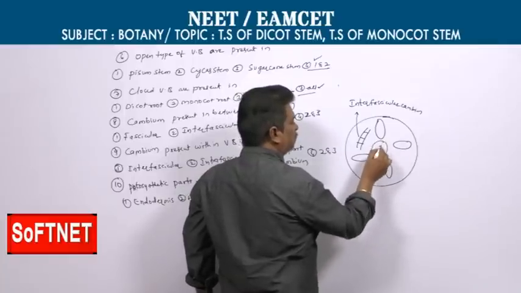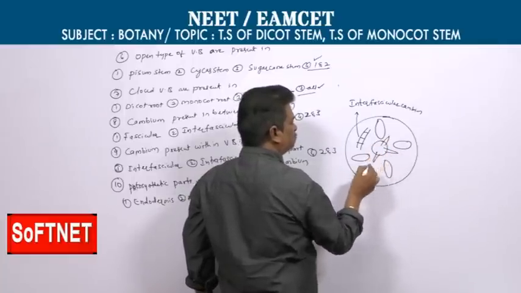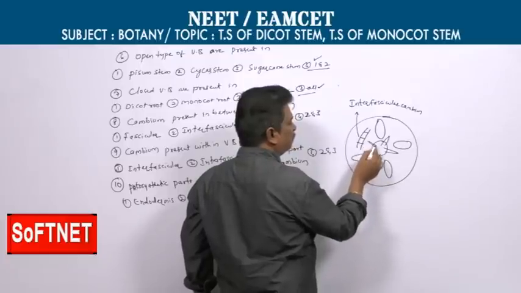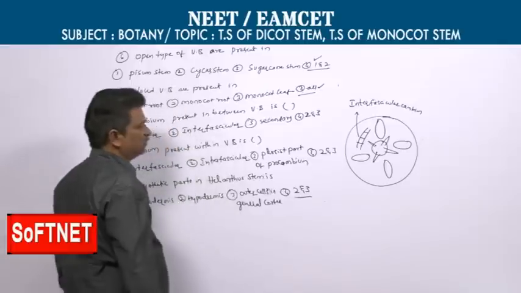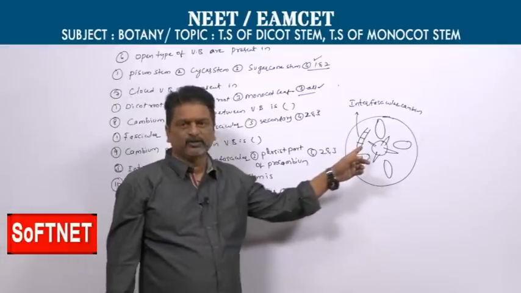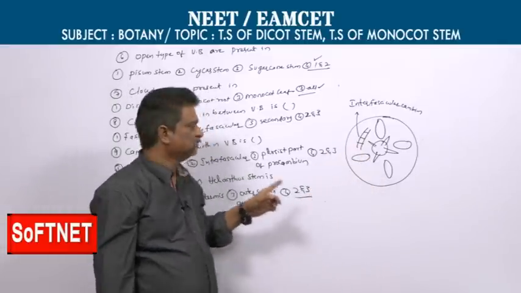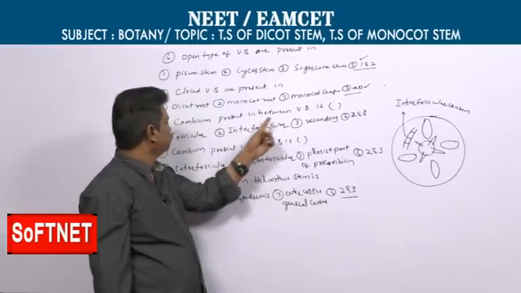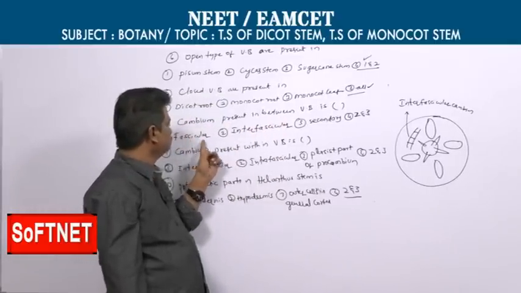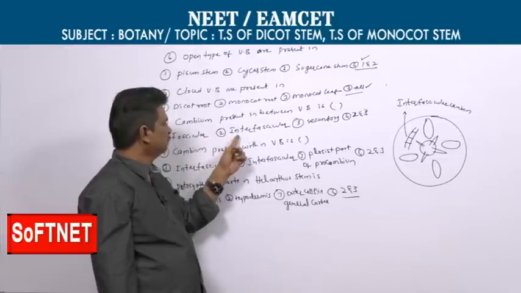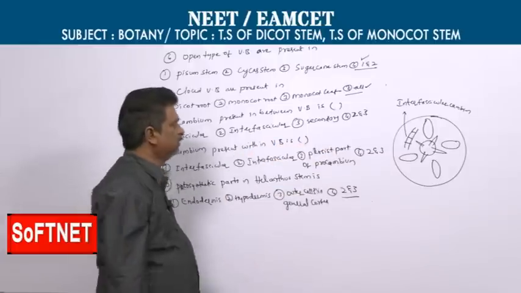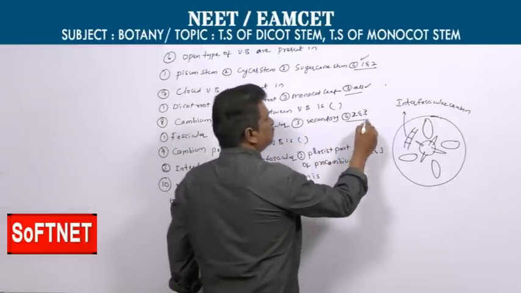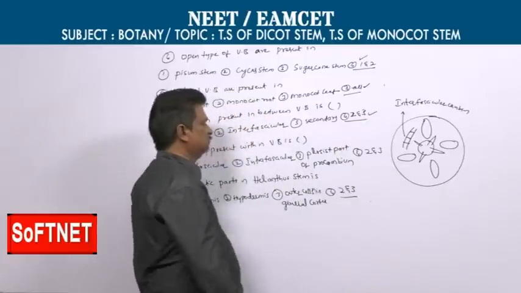And actually, interfascicular cambium is produced from medullary rays by de-differentiation, so it is secondary. So, cambium present in between vascular bundles: fascicular? No. Interfascicular? Correct. And it is secondary. So, the answer is 2 and 3.